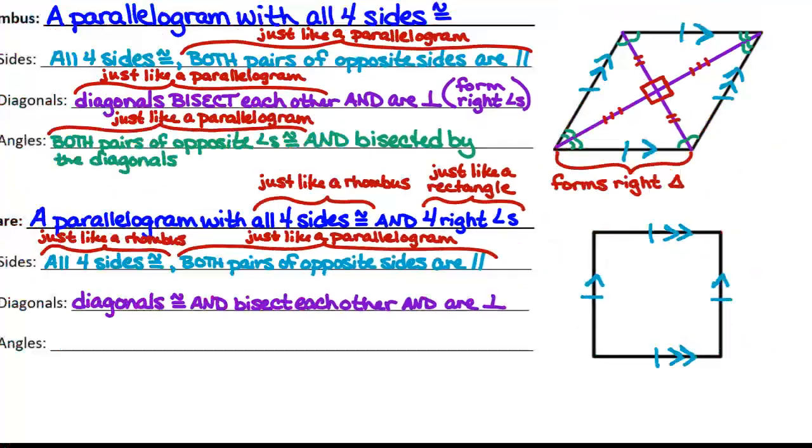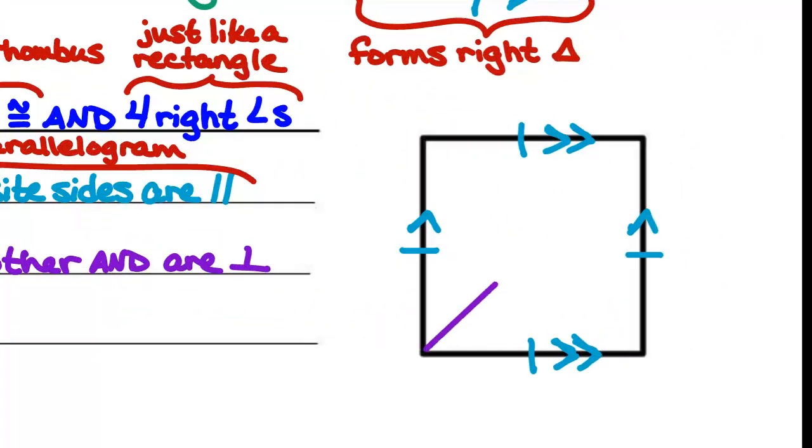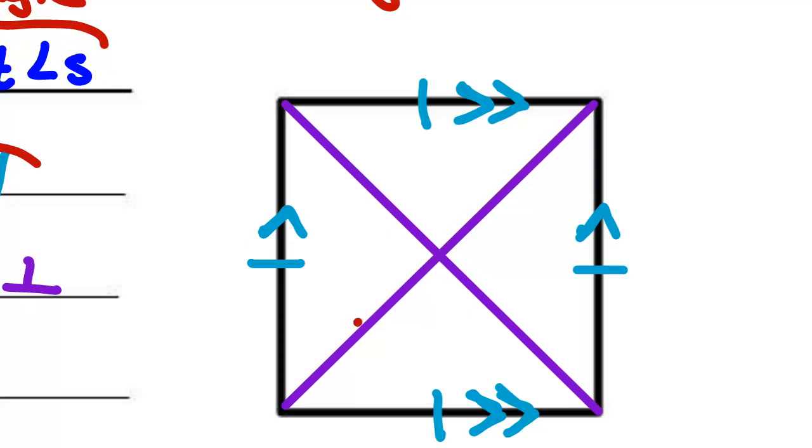I'm going to go ahead and draw in those diagonals here, connecting my opposite corners. So they bisect each other and they're congruent. So that means all four half diagonals in my square are the same size as each other.